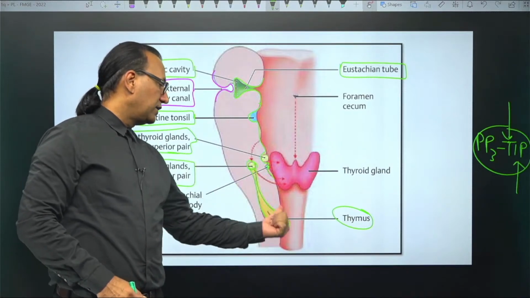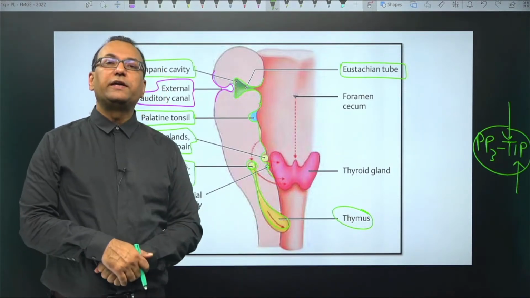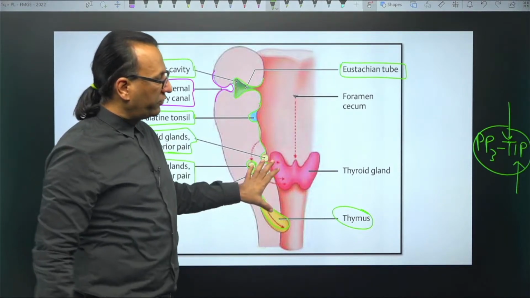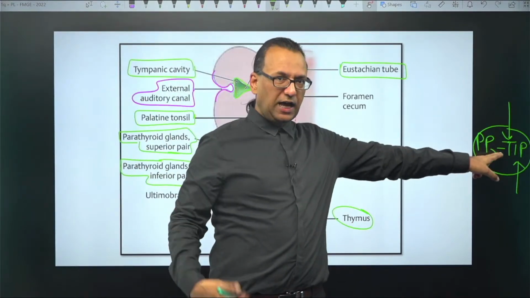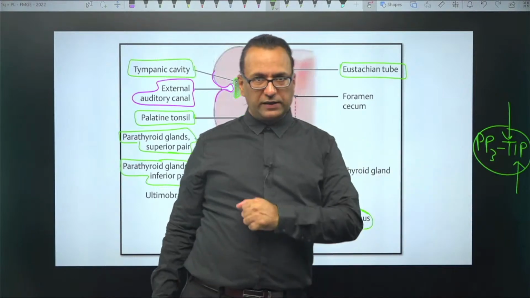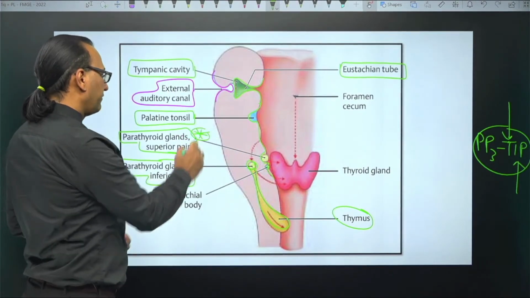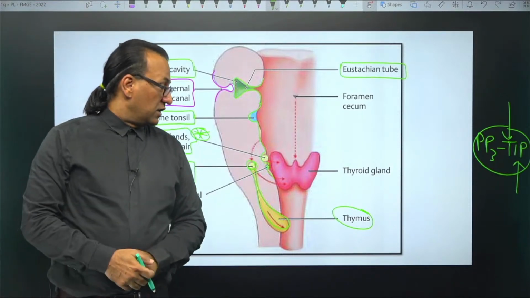So hypocalcemia and decreased cell-mediated immunity is a constant feature of DiGeorge syndrome, a problem of pouch number 3, problem of T, thymus, and IP, inferior parathyroid. But in DiGeorge syndrome, pouch 4 may also be missing, and superior parathyroid may also be missing.